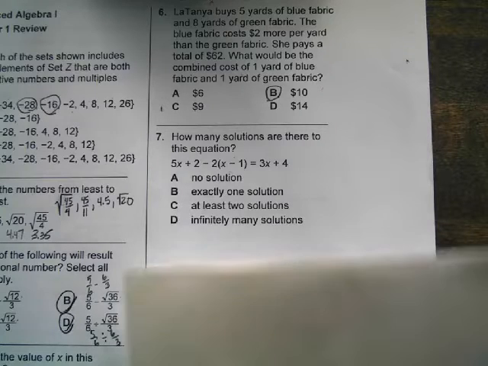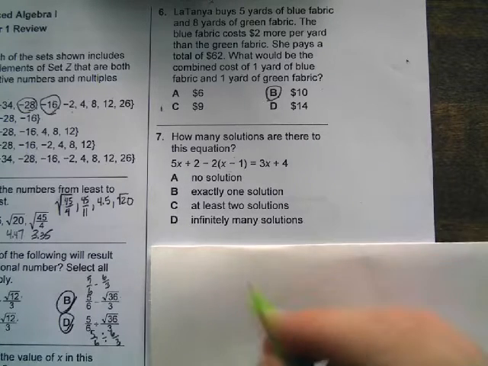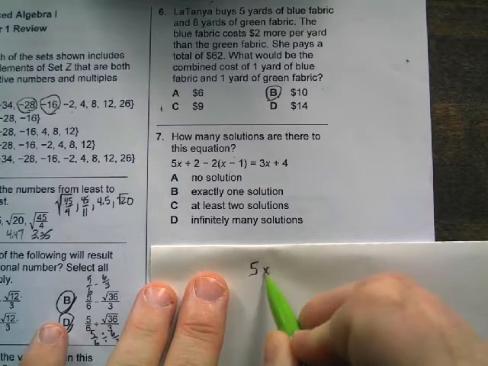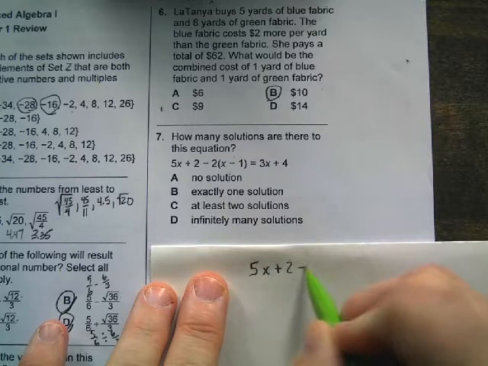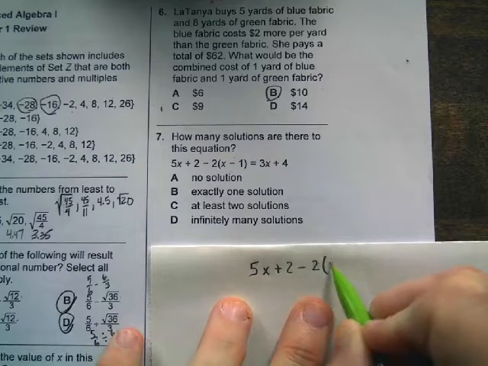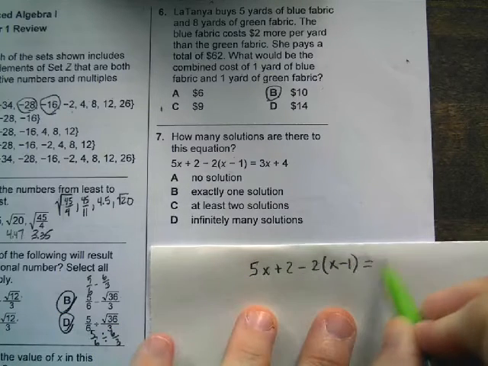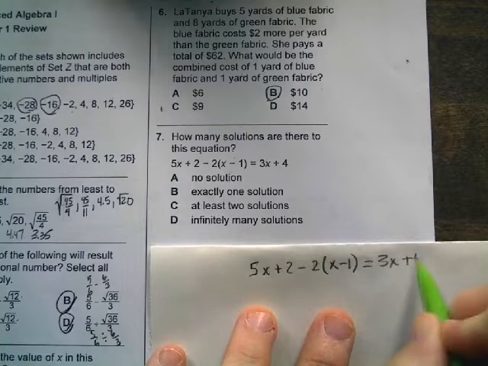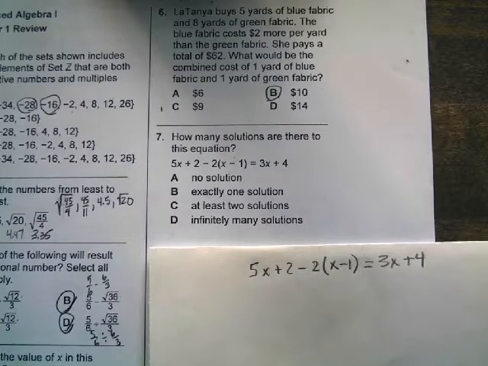Next problem. We have 5X plus 2 minus 2 times the quantity X minus 1 equals 3X plus 4. So looking at the choices we have for an answer, this is one of those problems where they're trying to suck us in and think we're doing it wrong because we're going to get something that doesn't make sense probably.